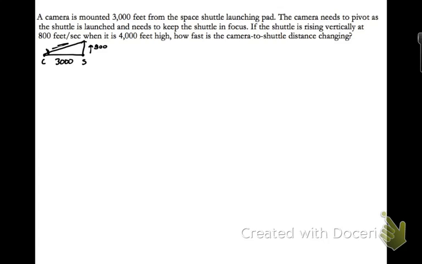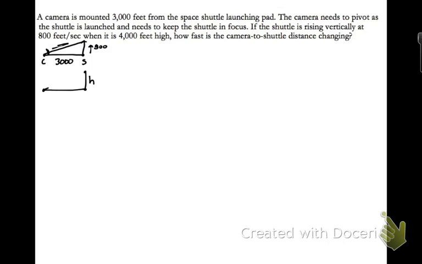So, some things we know. Let me draw this triangle again and make some labels. I'm going to call this side H because it will be the height of the shuttle.